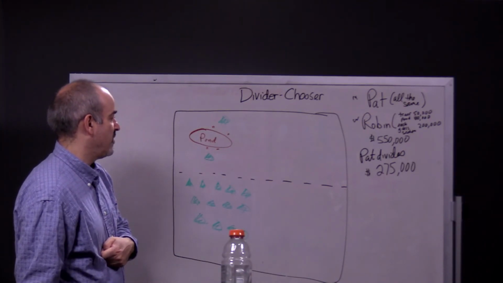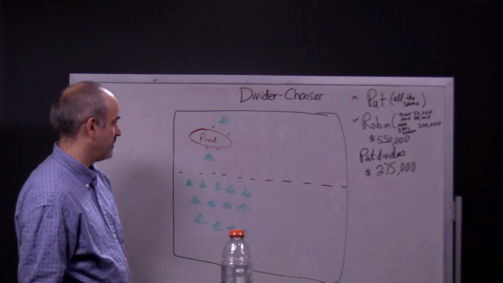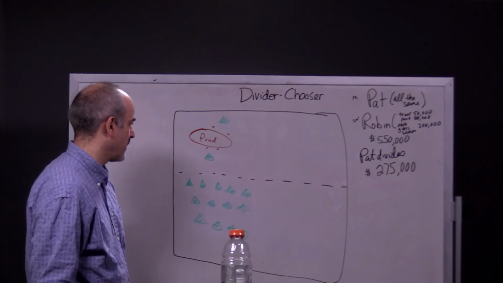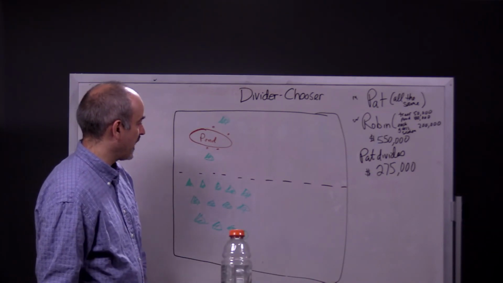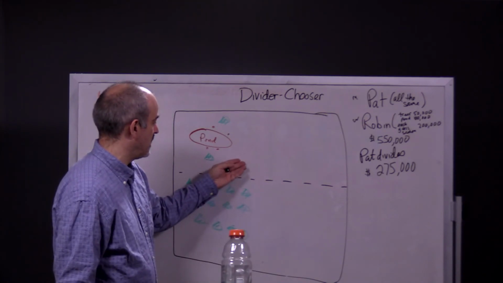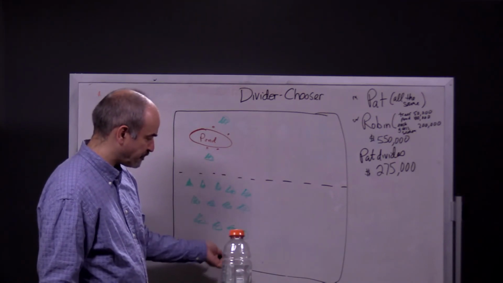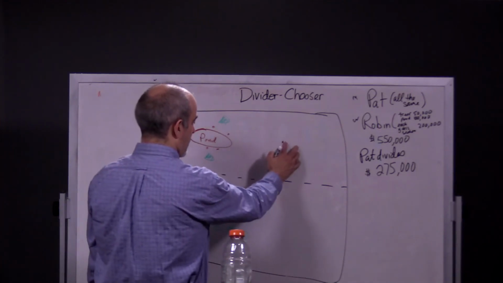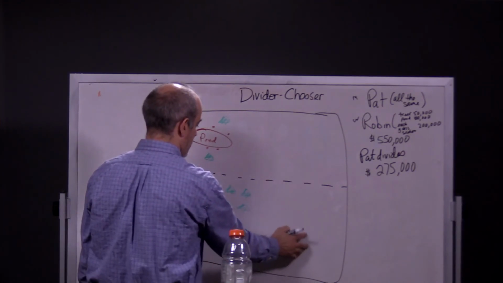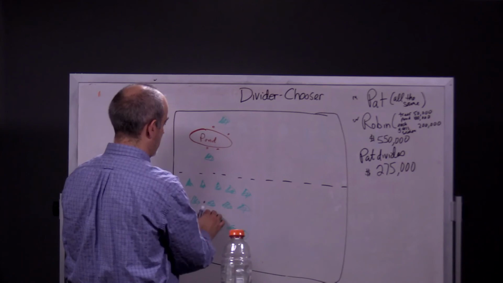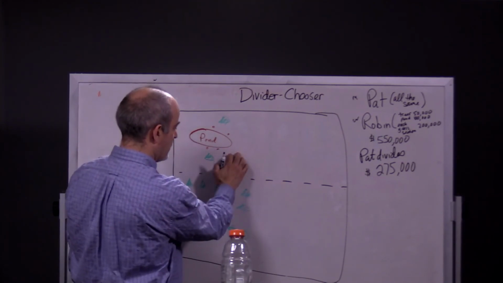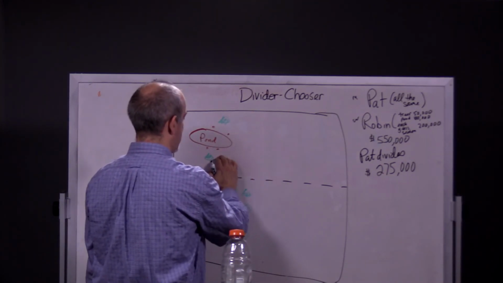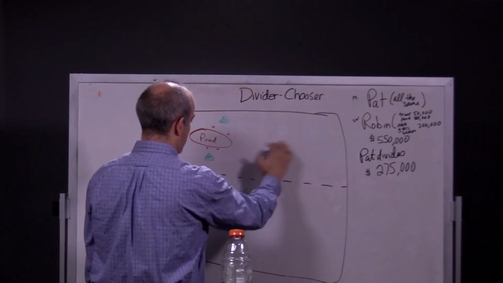So now she chooses, Pat chooses, or Robin chooses. Well, remember, this over here is worth 200,000. This is worth 200. This is worth 50. This is worth 100. So I think she will choose the top part, because this is 100, that's 200. So that's 300.